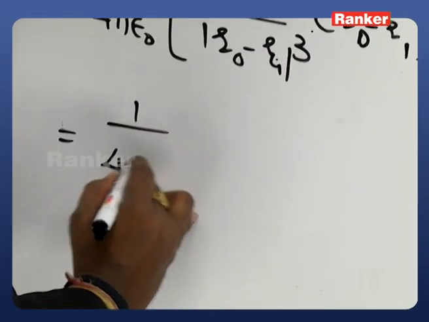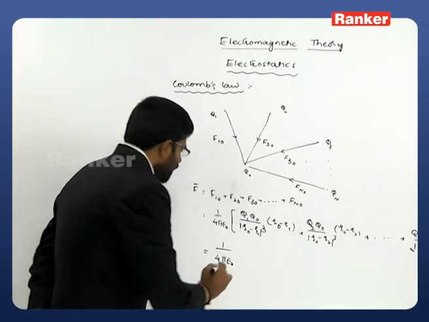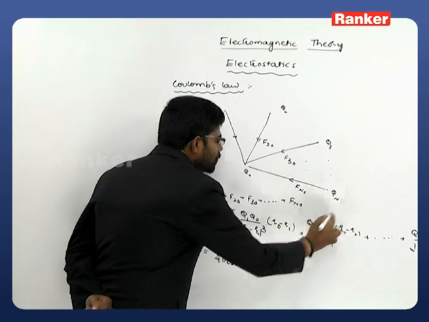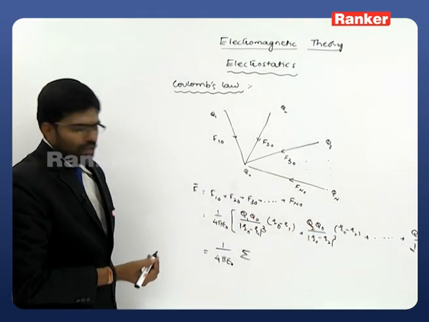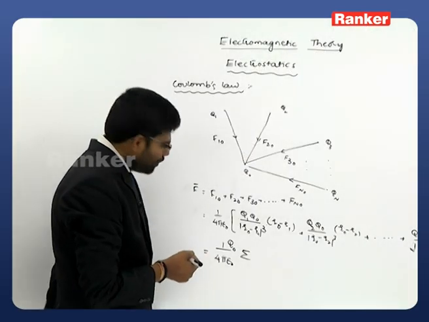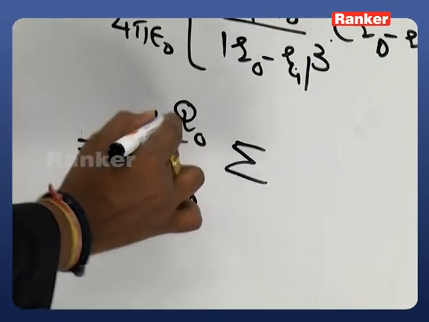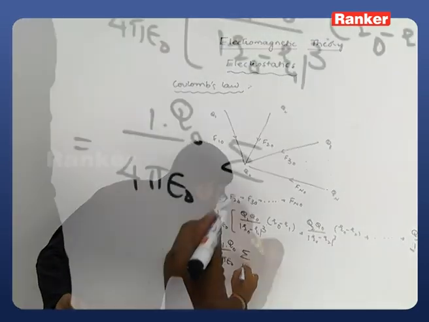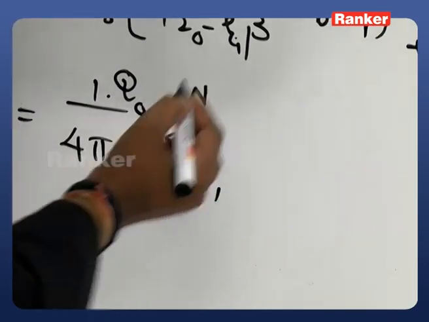1 by 4 pi epsilon naught. Here I am taking a constant k to write this one, and before that, this q naught is common everywhere. So that's why I'll take this q naught also as a common quantity. So q naught divided by 4 pi epsilon naught is the term which is common to all. Sigma k equals 1 to n elements are there.